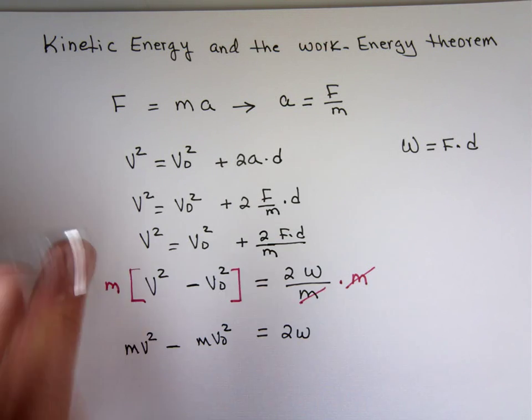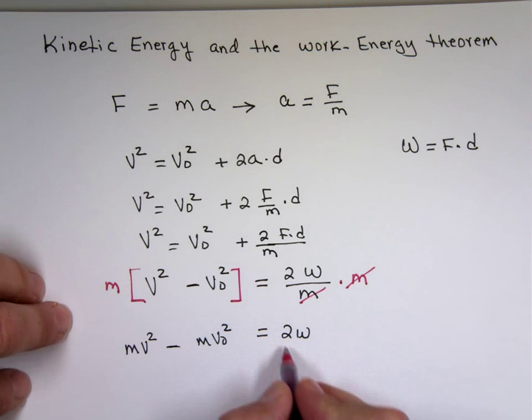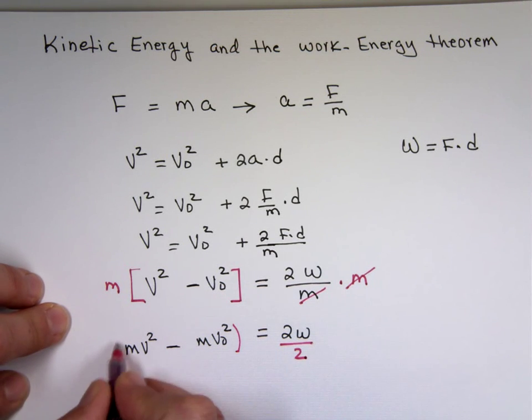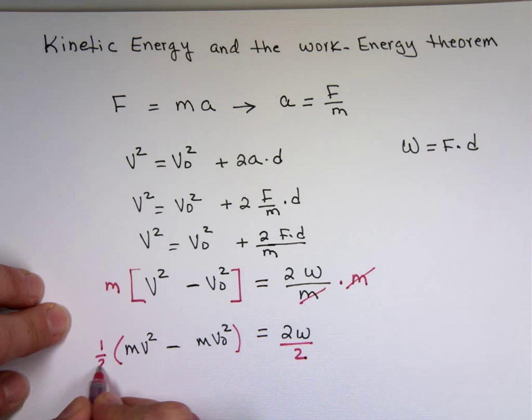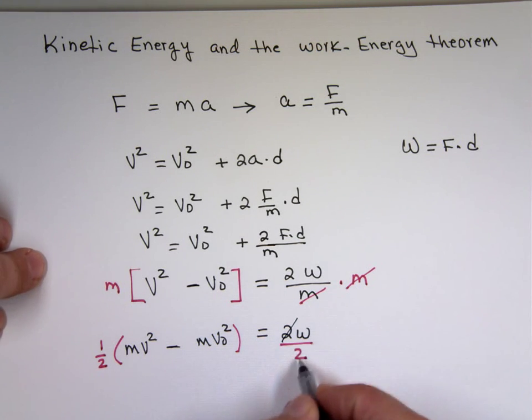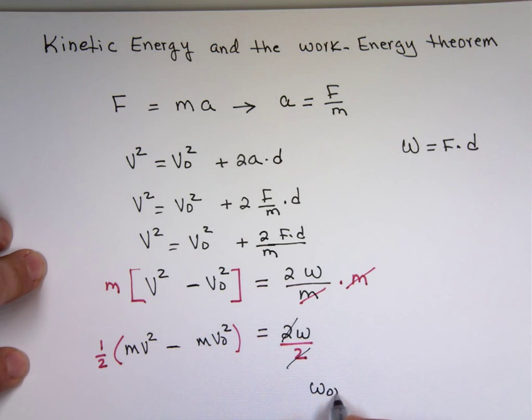And to solve for W, I'm going to divide each one by 2, or multiply by a half. Doesn't really matter. So what is the work done? It's 1/2 m v squared minus 1/2 m v initial squared.